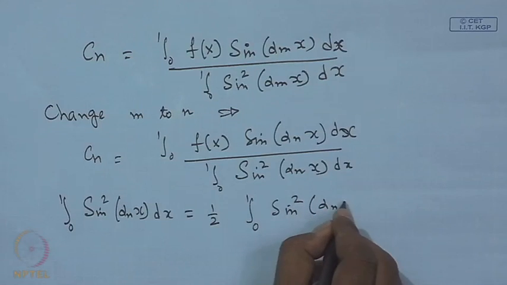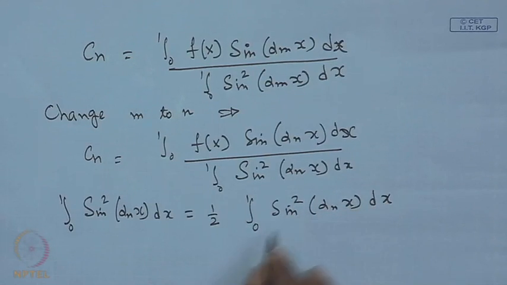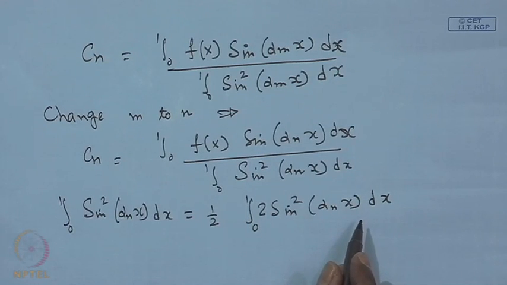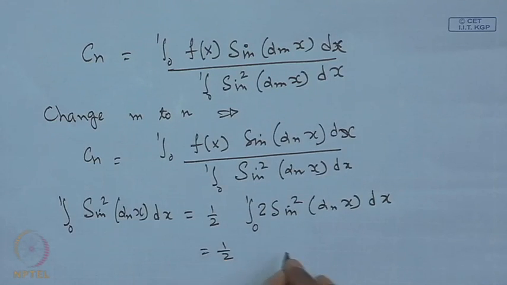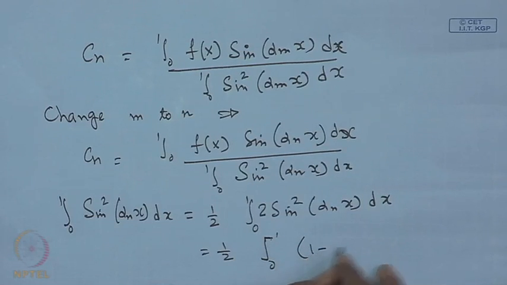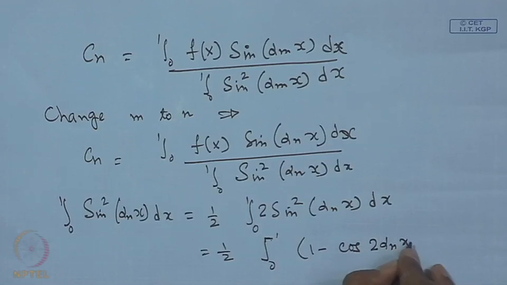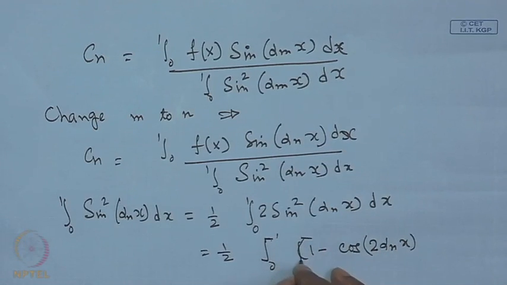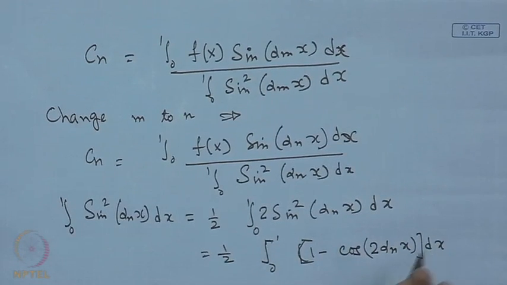So, the integral from 0 to 1 of 2 sin square alpha n x dx is nothing but 1 minus cos 2 alpha n x, that is the integral from 0 to 1 of 1 minus cosine 2 alpha n x dx.